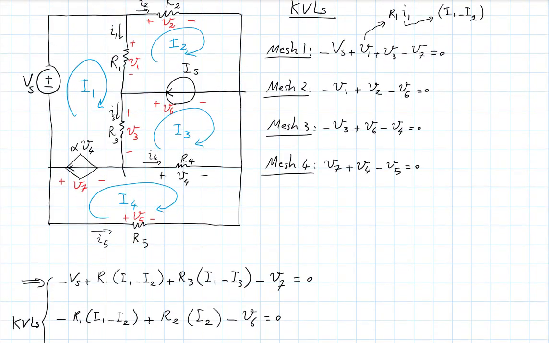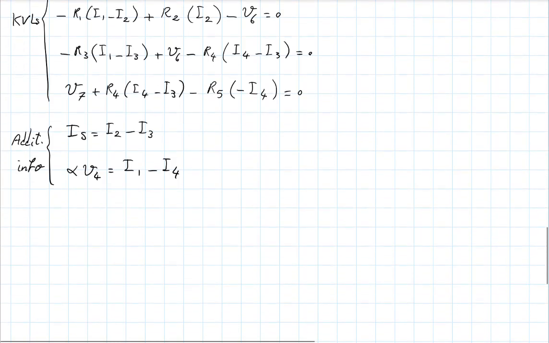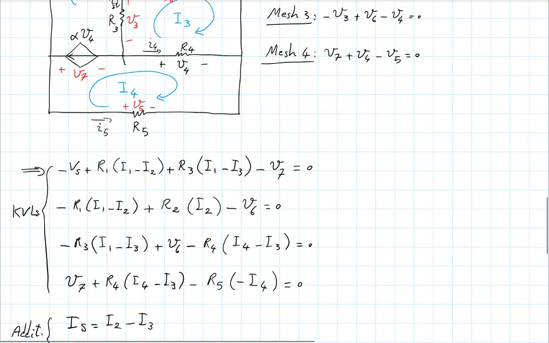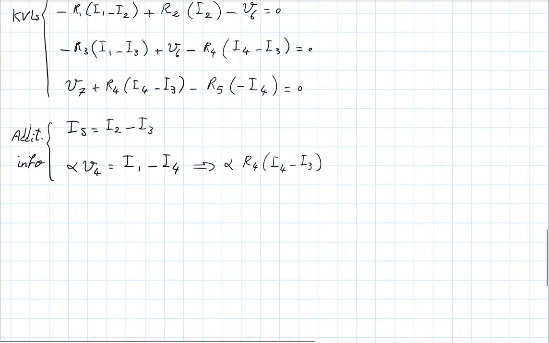We talked about this before. V4 in this circuit happens to be R4 times big I4 minus big I3. So you can write this like that. You see, V4 is R4 times big I4 minus big I3.